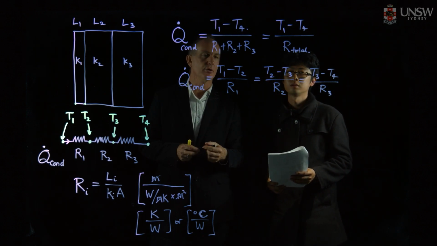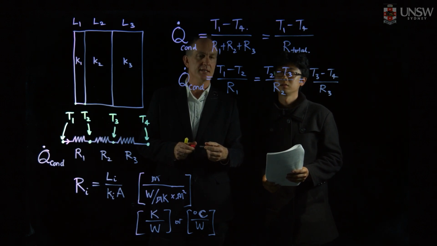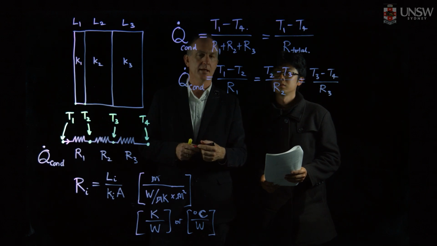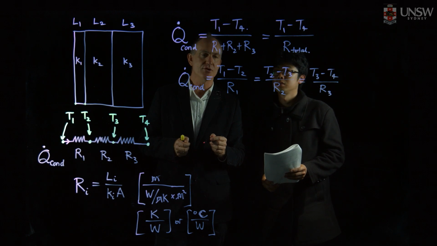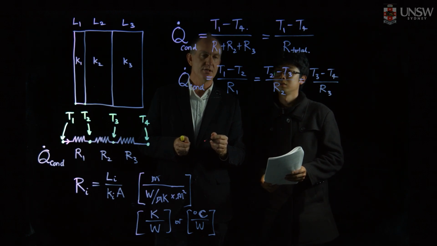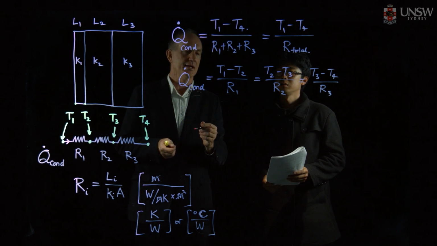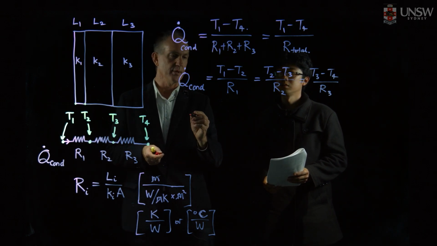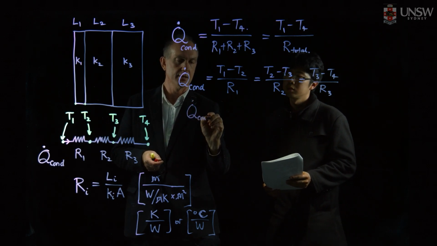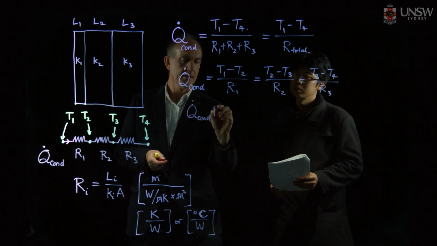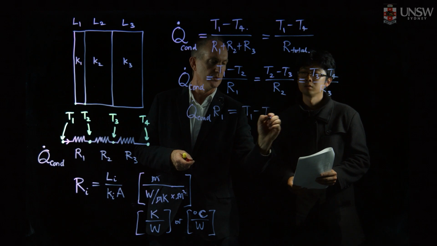Okay, all right, so let's go back now. We've got ourselves our equations here. The simple way to solve this is to say, because the rate of thermal conductivity through each resistance is the same, we just multiply this out for each expression. If we write this, for example, Q dot conductivity multiplied by R1 is equal to T1 minus T2.